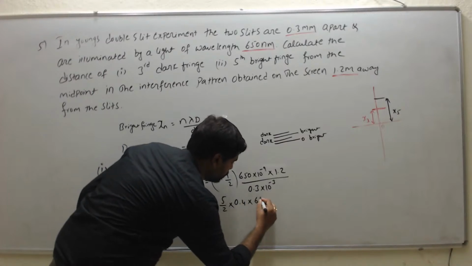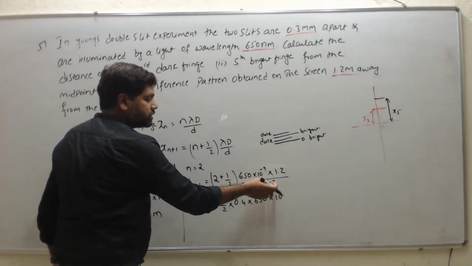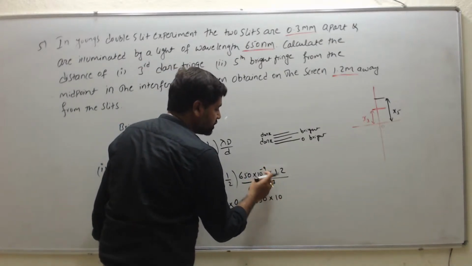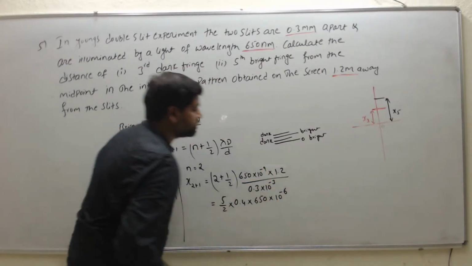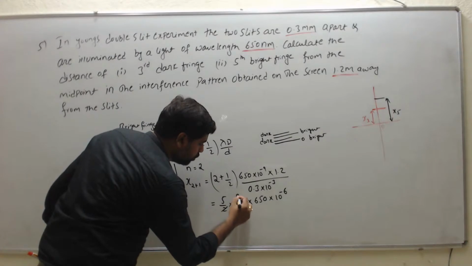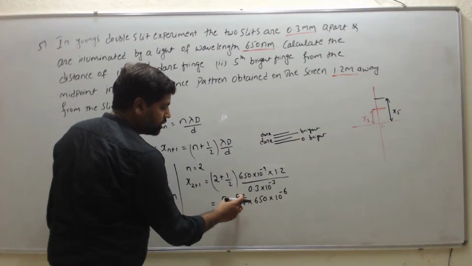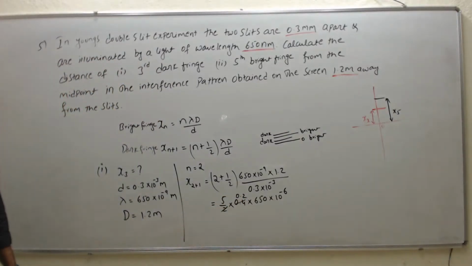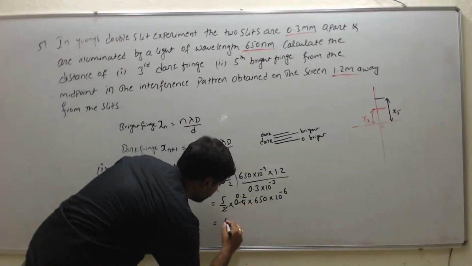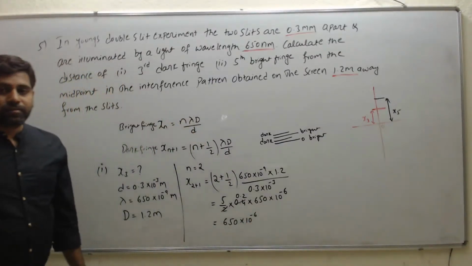So 0.4 into 650 into 10 to the power of minus 9. The minus 3 goes to the numerator, it becomes plus 3, that is minus 9 plus 3, which equals minus 6. So 2 fours are 8, divided by 2, that is 4. Here we get 1 into 650, we get 650 into 10 to the power of minus 6.